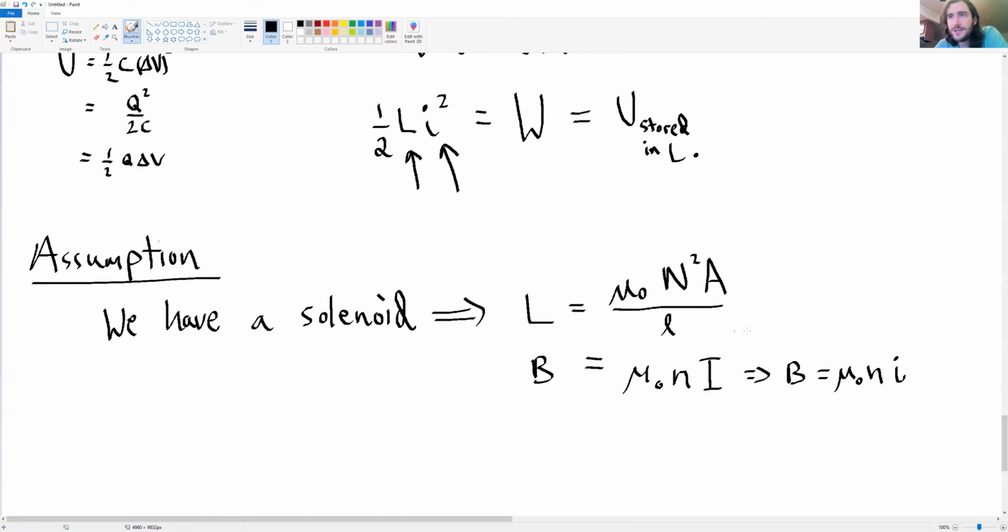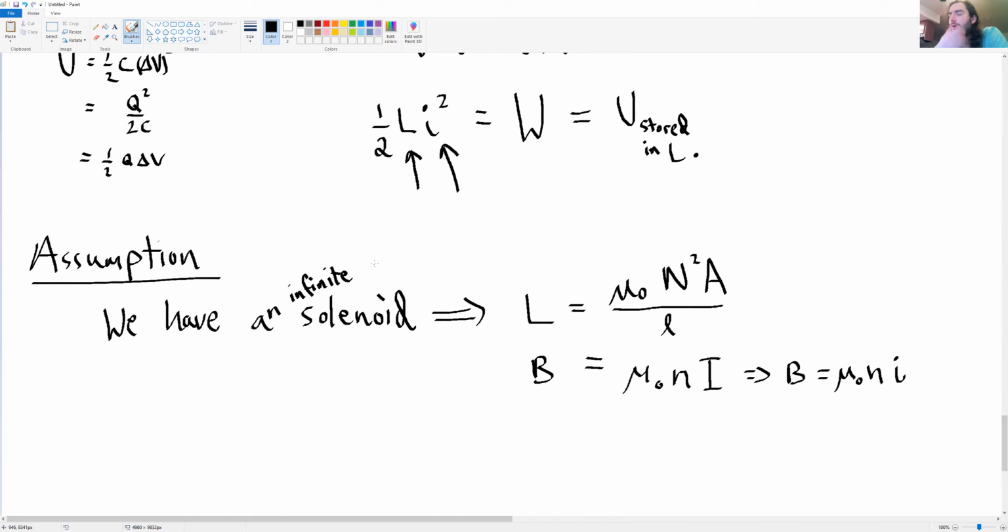I probably should say here we have an infinite solenoid, to be precise, because an infinite solenoid has only a magnetic field inside the solenoid. There is no magnetic field outside of the solenoid. If you guys remember that from, I believe, chapter 28, the chapter on Ampere's law.